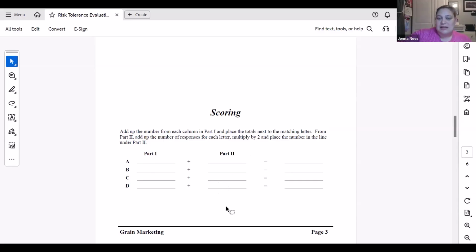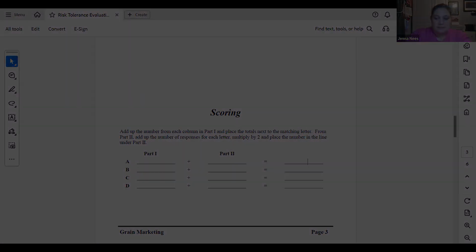And let's say you had 2 D's, 2 times 2 is 4 again. So however many you circle in part 2, or how many answers for each letter, it's always multiplied by 2. Once you put your answer in for part 1 and part 2, add them together to get your number on the far right-hand side of the screen. So again, I'll pause and let you tabulate.